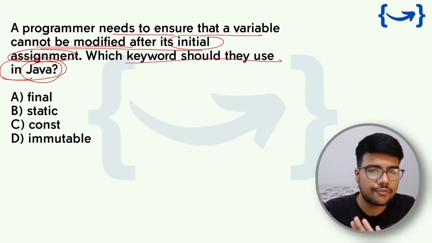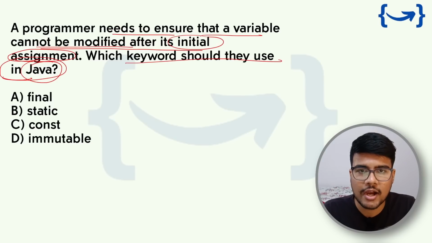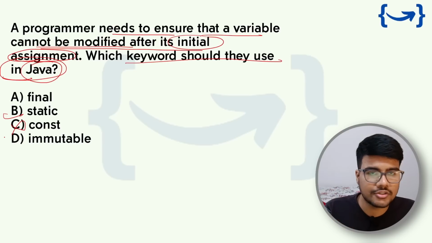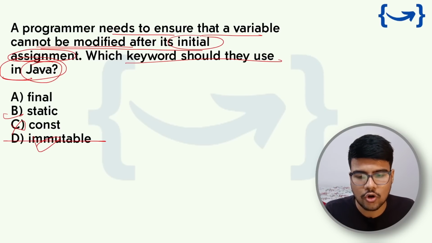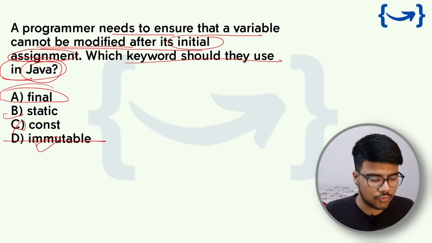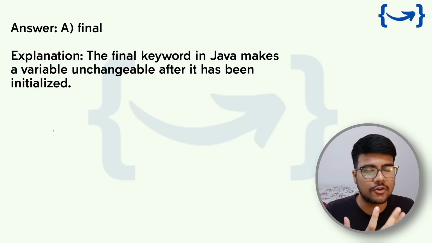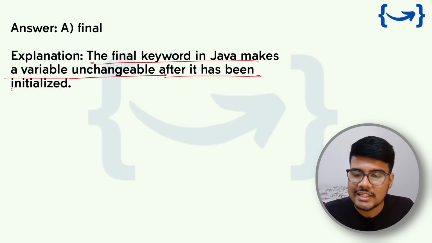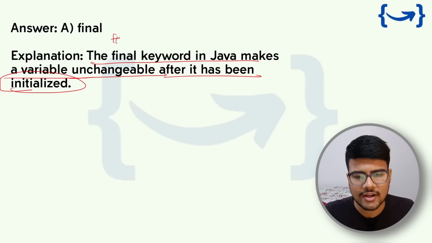But the questions are fairly easy if you are from a computer science background. Static is not used for this, constant is not used for this, immutable is out of context. So I know final would be the right answer, where you can't reassign or reinitialize a particular variable. The final keyword in Java makes a variable unchangeable after it has been initialized. So +1 mark again.